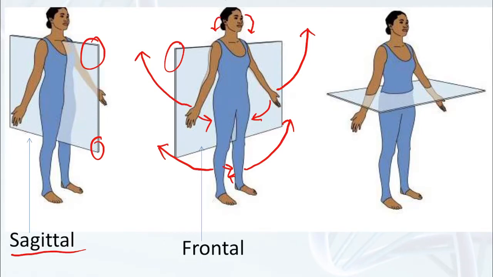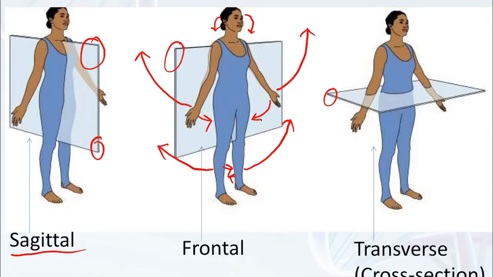And then lastly is called the transverse plane. Think of this as a cross-sectional view of the body. This is a common way that MRIs are shown, as taking slices of the body. When we think about movements occurring in the transverse plane, we really want to think about rotational movements.